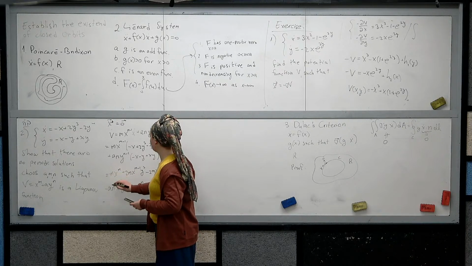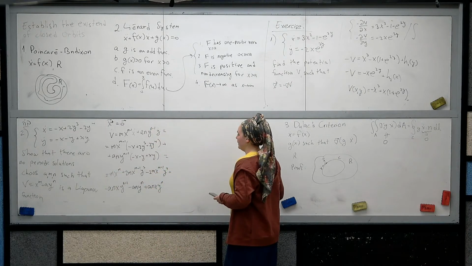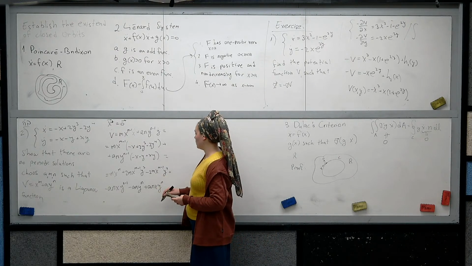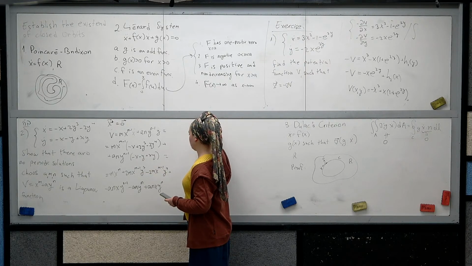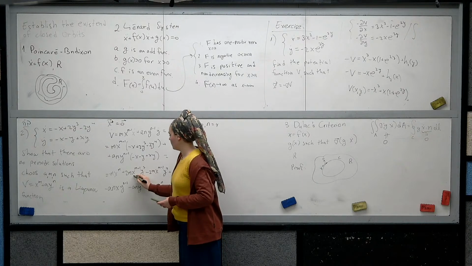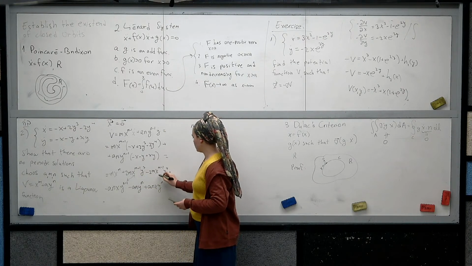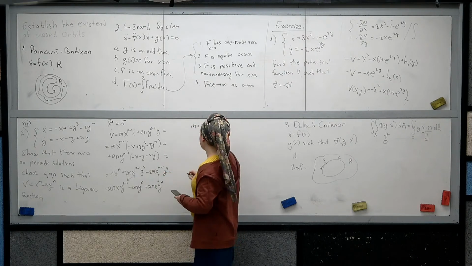Here is minus, plus, minus. Okay, great. Let's try to cancel things. So we can choose m to be 2 and n to be 4. Then we have this, and we have this, which cancel.